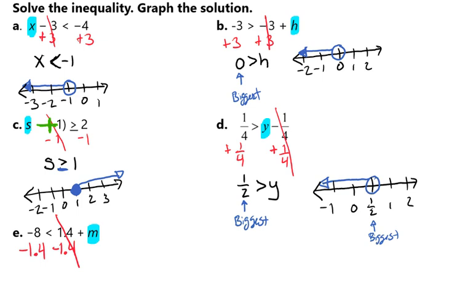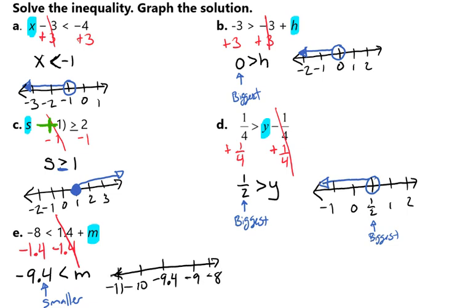Then, if we take negative 8 and we subtract 1.4, we're going to get negative 9.4 is less than m. So now we're saying that negative 9.4 is smaller than any other number, which means that when we graph it, we can go negative 9.4, negative 9, negative 8, negative 10, negative 11, make that a little bit longer.